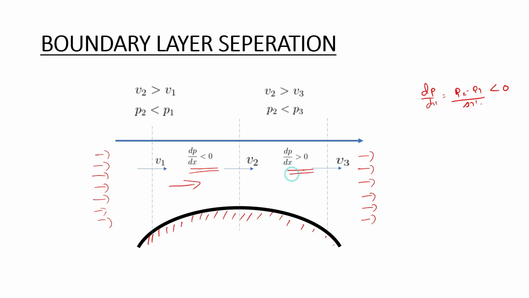But what will be dP/dx in this region? Between 2 and 3, dP/dx is greater than 0, because pressure at 3 is greater than pressure at 2. That's the difference. In these two sections, here the pressure gradient is less than 0, and here the pressure gradient is greater than 0. As you go in this direction, the pressure is high, so it is moving against a high pressure.